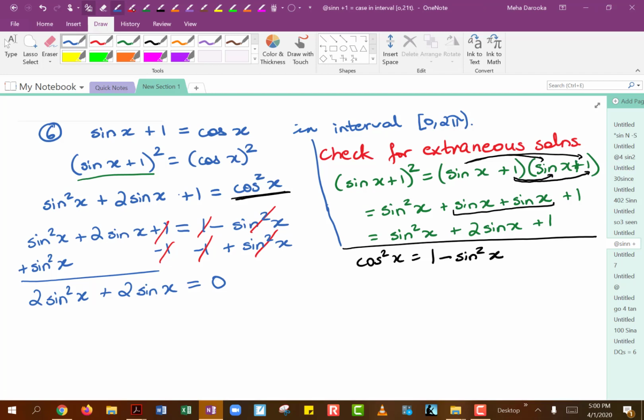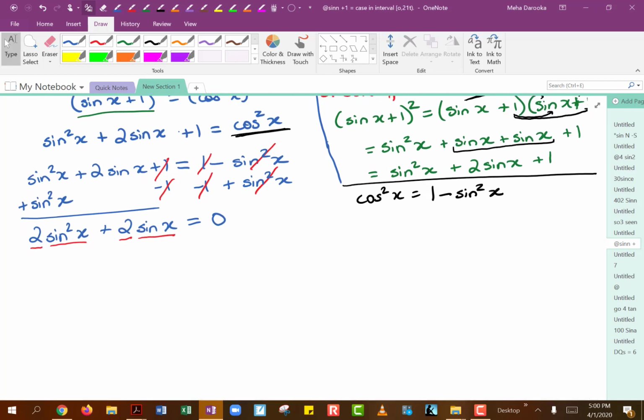And then each one of these terms has at least one sine of x that's common, and they also have this number 2, which is common between both our terms. So we're going to take that number 2 and one of the sine x functions outside as our greatest common factor. So from this first term, my 2 is gone, I've got it outside, and I've got one of these sine x terms which has come outside.